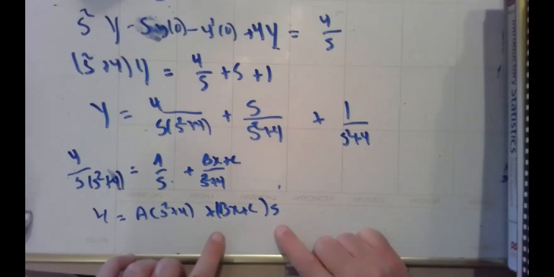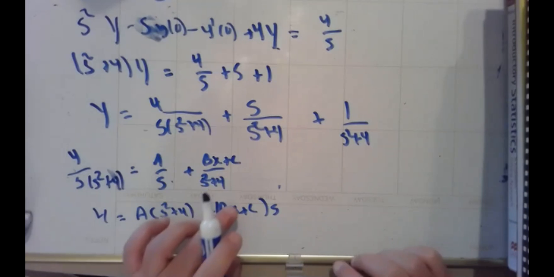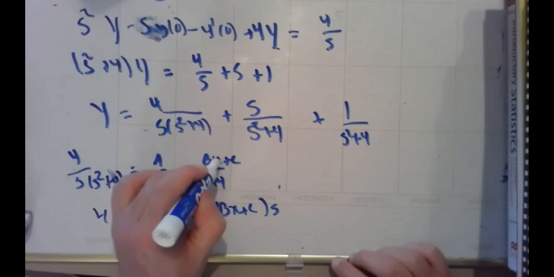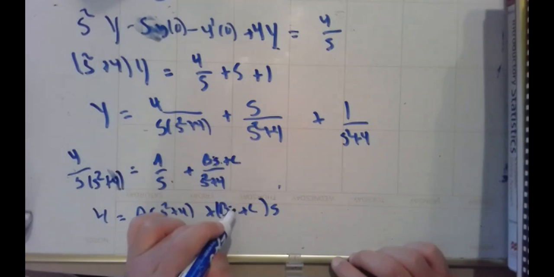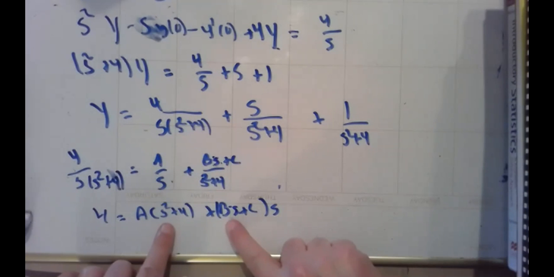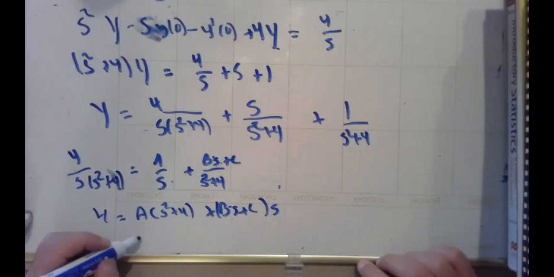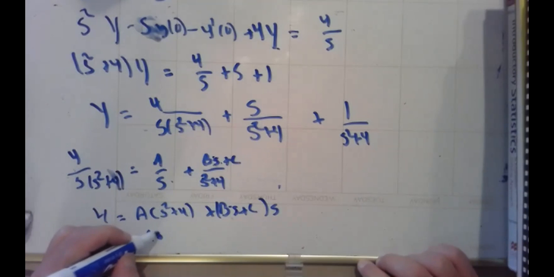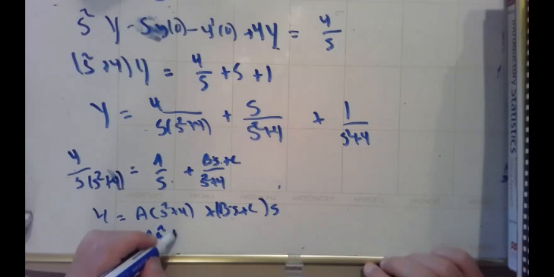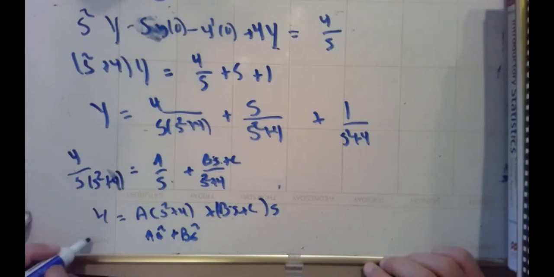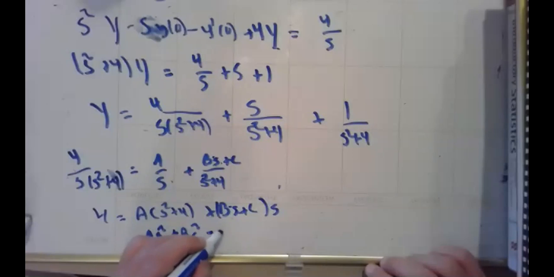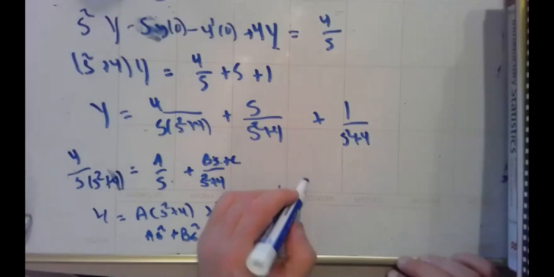So I like to just match up. This should be an s. I like to match up my front guys. So I'm going to have an A s squared and a B s squared. Over here on this side, I don't have any s squared, so those must equal 0.